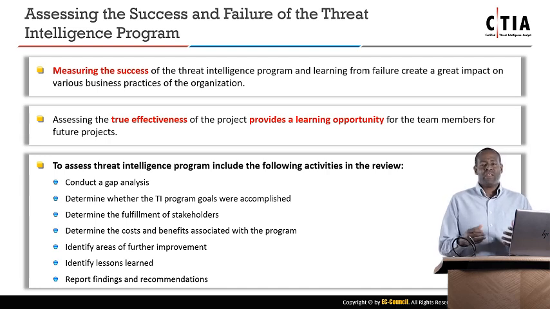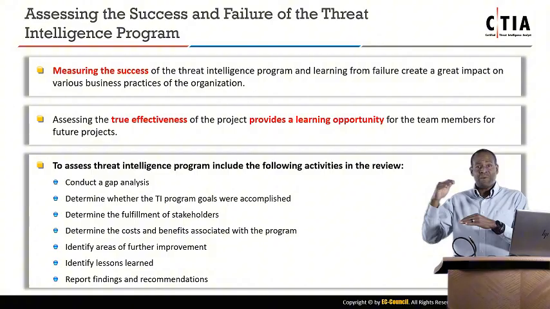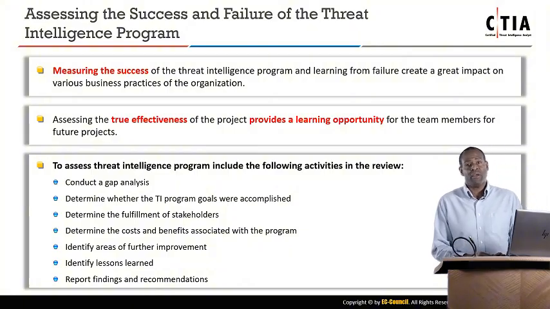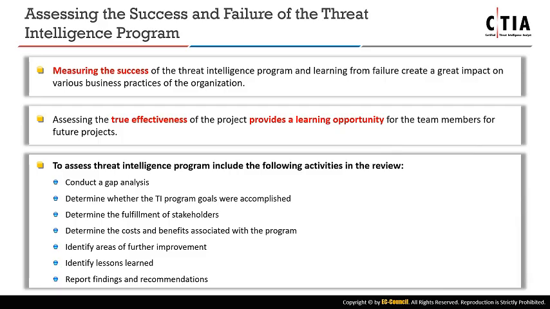Other times we find that we've implemented part of the project fully, but it is not giving us the same return on investment as other parts of the project. Right? We can improve there. Perhaps we're having inefficiencies in parts of the project. We can improve there.